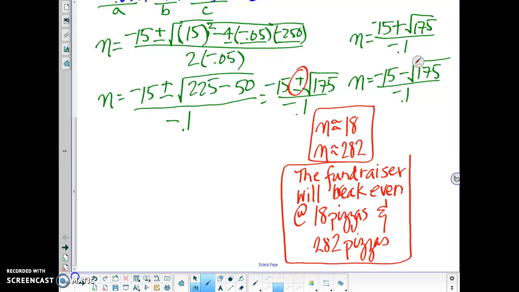That is the answer to the question. Don't give me just this. Answer with a sentence, so I know you know what those numbers mean. And that's what you need to do when you're working on these kinds of problems.